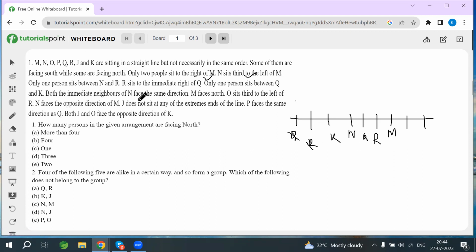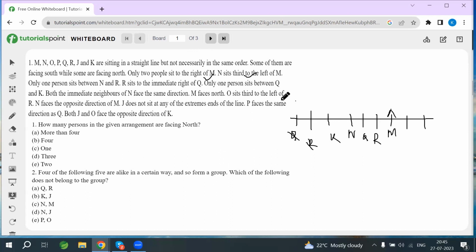Now both the immediate neighbors of N face the same direction. Immediate neighbors means K and Q are both in the same direction. And M faces north.